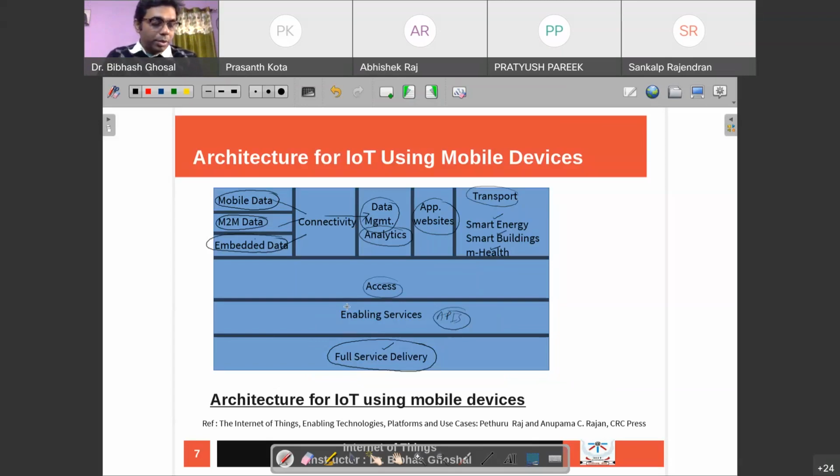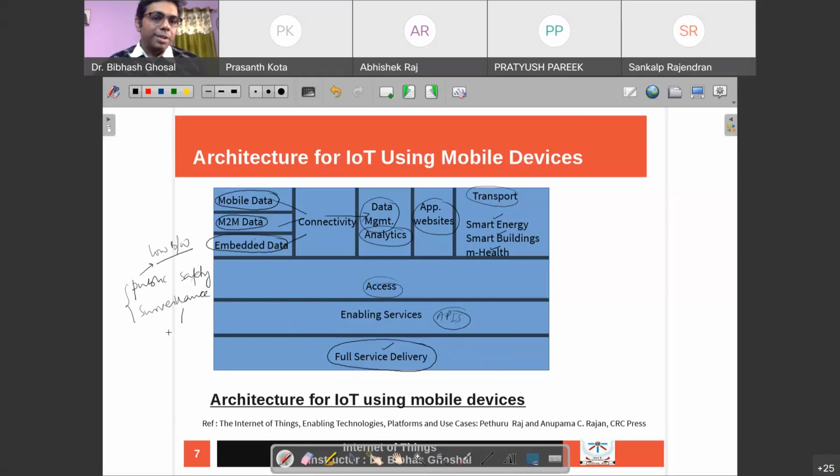And the good thing is they can be used for different purposes. Let's say for surveillance, for public safety, right? And in each one of them, you see the requirement will be different. If you are going for some public safety kind of thing, you may require a low bandwidth mobile network.